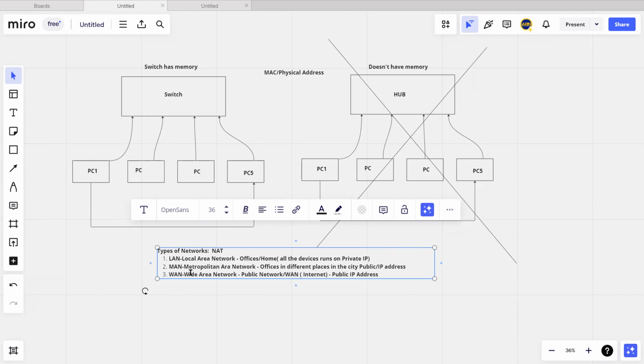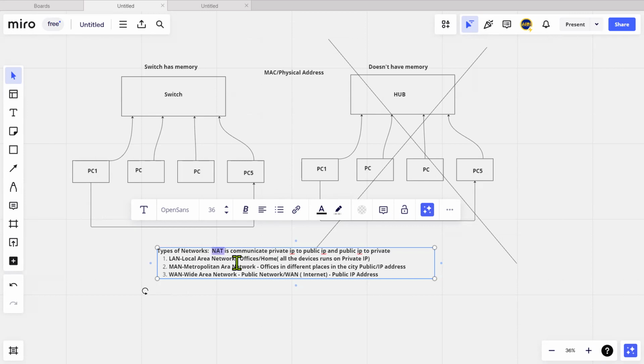Likewise, here the LAN, local area network, uses private IP addresses, but the public network, or WAN or internet, as we can call it, uses public IP addresses. But how do these two communicate? The NAT. This NAT communicates private IP to public IP and public IP to private IP.